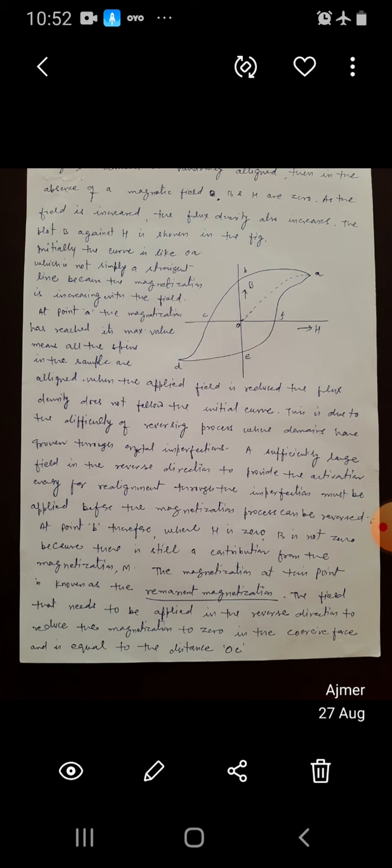This is a plot of magnetic flux density. We studied magnetic flux density B last term. What is the magnetic flux density? It is the number of magnetic lines passing through a material per unit area or per unit volume.